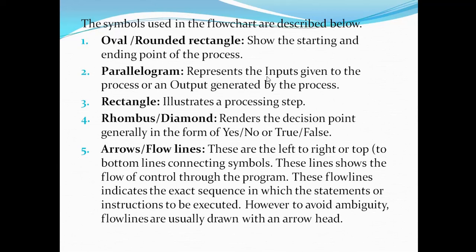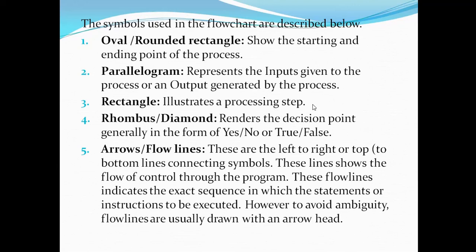And the parallelogram represents the input given to the process or an output generated by the process. To give the input and to read the output, we use the parallelogram. The third one is a rectangle, which is used to process the information or data.